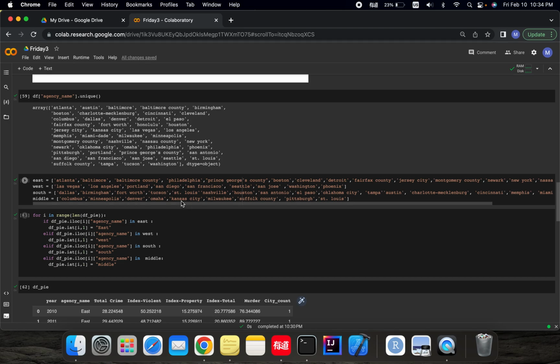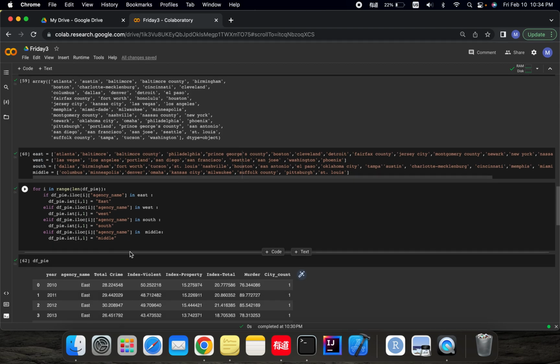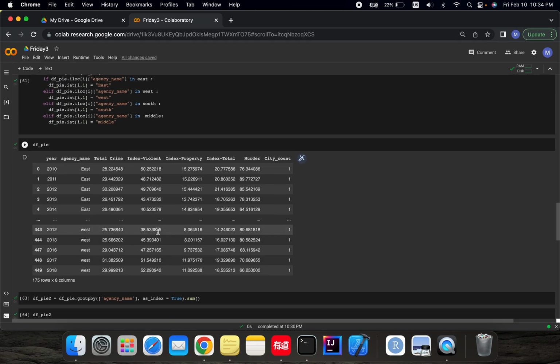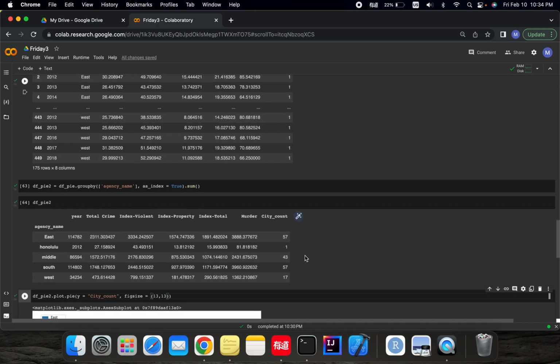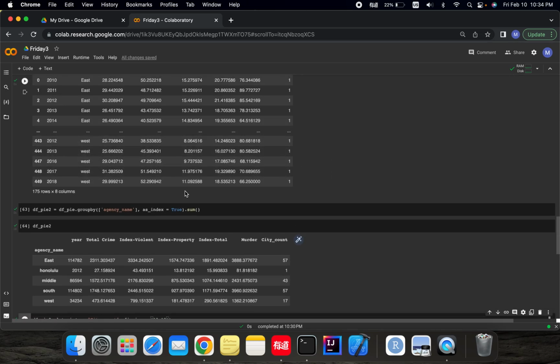And you can notice that there's no north city, although you could say Minneapolis is a north city, but it's more a middle west. So there are only east, west, south, middle, and of course Honolulu. And then I put them in different groups, and here you can see their names already changed.